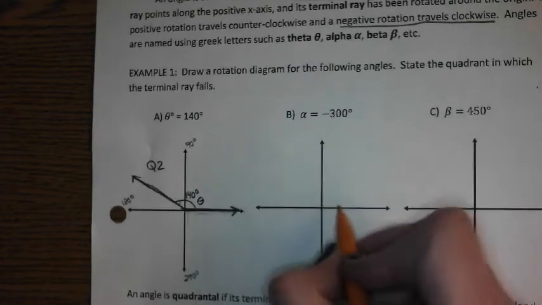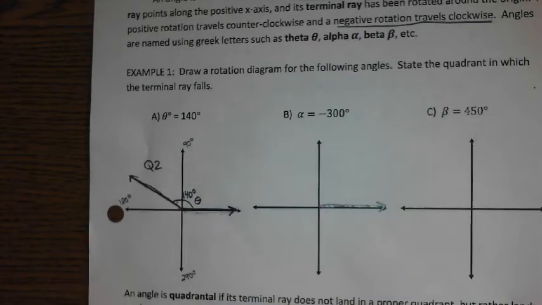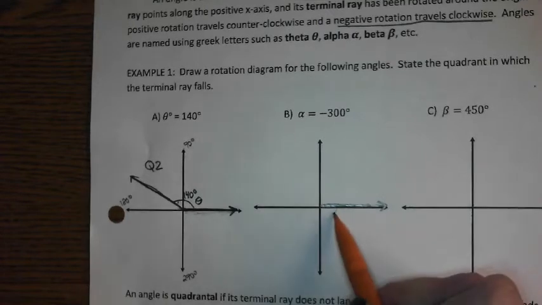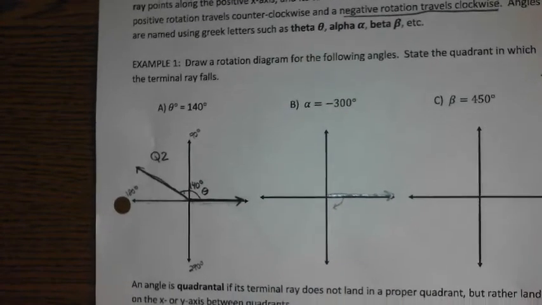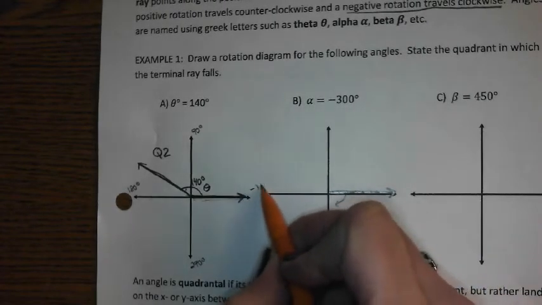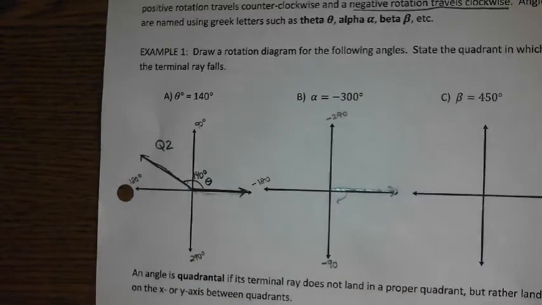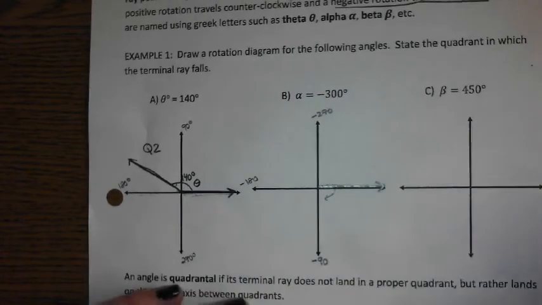For B, same thing. Initial ray starts on the x-axis. Now we're opening up in the negative direction, so we're going to be opening up this way. So this is negative 90. This is negative 180. This is negative 270. So negative 300 is going to be in what quadrant? The first.